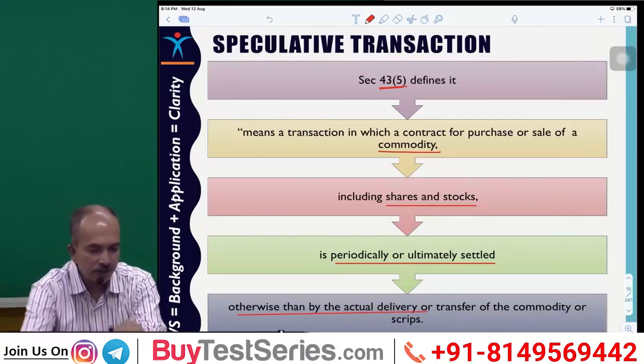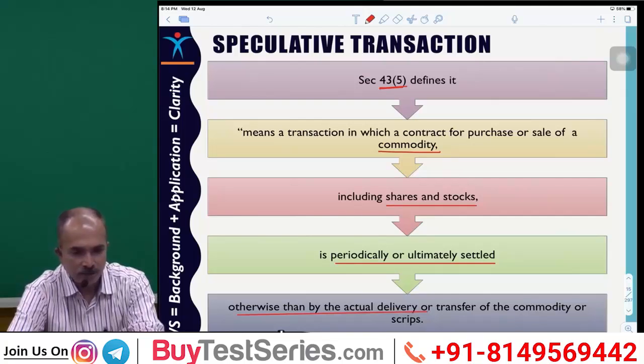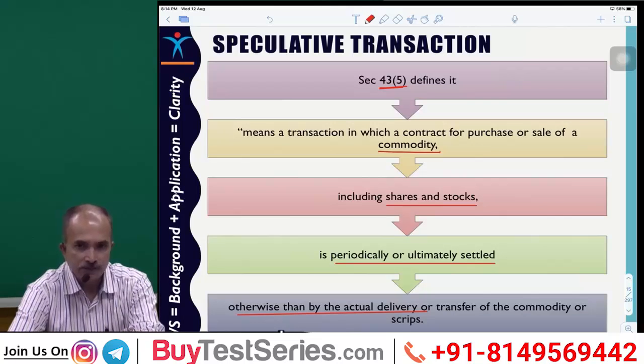No giving delivery, no taking delivery. That is considered to be a speculative transaction. So what is a speculative transaction? Where you can be buying or selling commodities, shares, stocks, but the transaction is settled without giving or taking delivery.